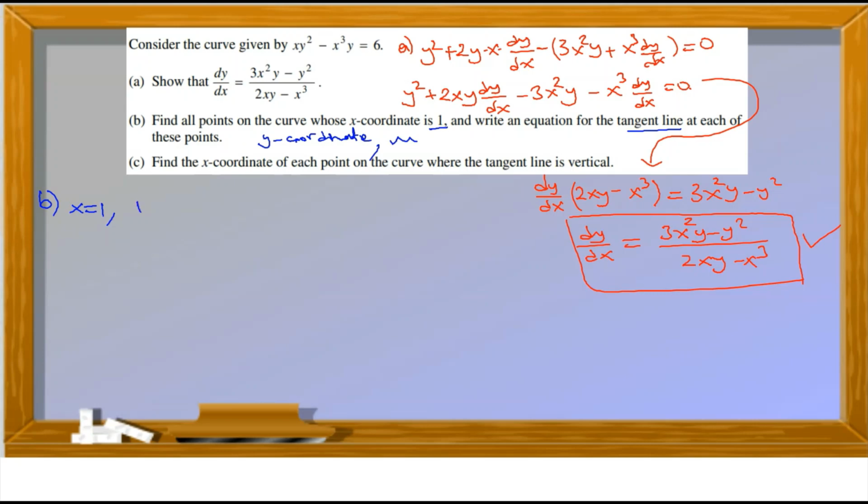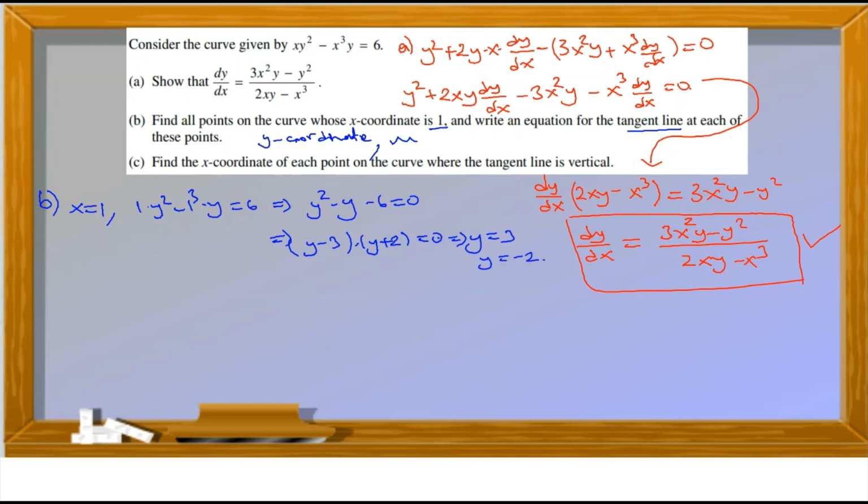We get 1 times y squared minus 1 cubed times y equals 6. From here we get y squared minus y minus 6 equals 0. This factors into y minus 3 times y plus 2 equals 0, so the solutions are y equals 3 and y equals negative 2.